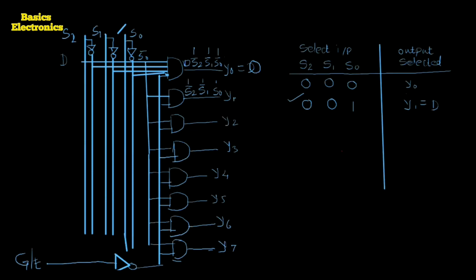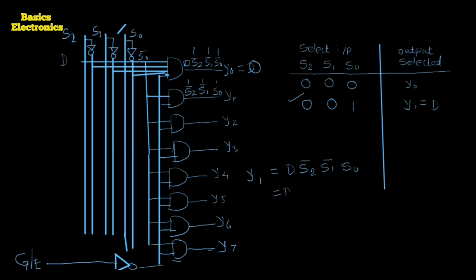So here we get the output. That output is Y1 equals data input D. See, the inputs for all the AND gates have the data input. Okay, so data input D, then S2 bar, S1 bar, S0.